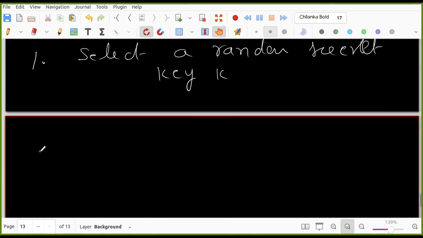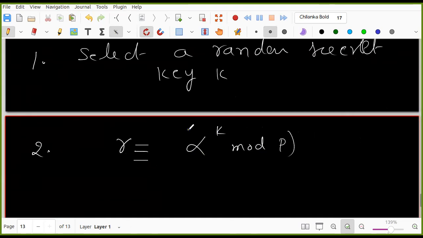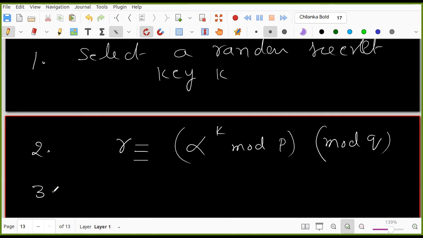And the second step is how she signs. So again, she computes the R value: alpha power k modulo p, and then modulo q also. This is a little different here.